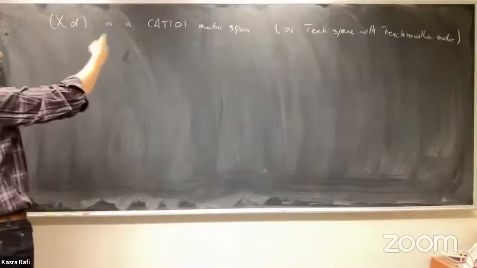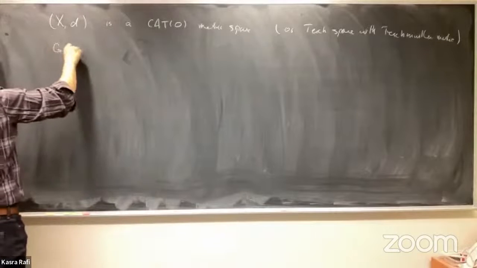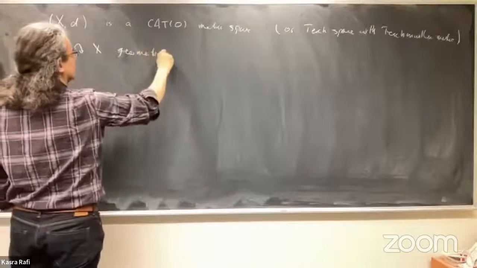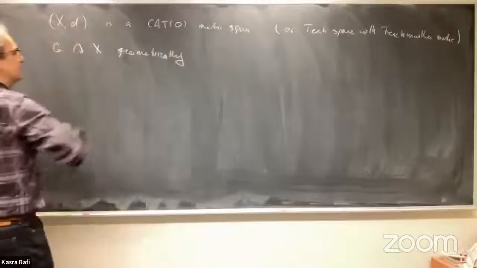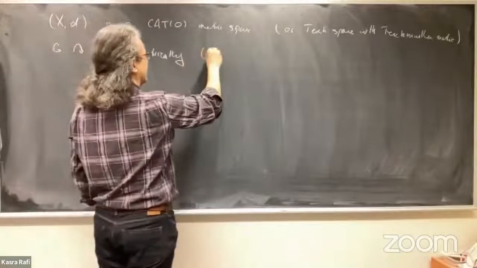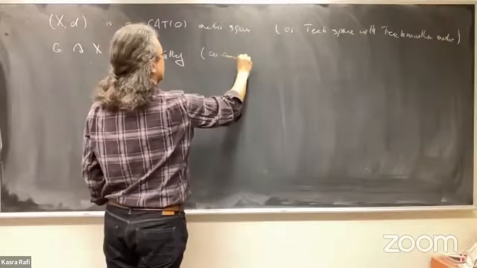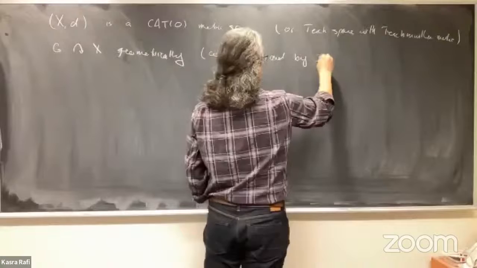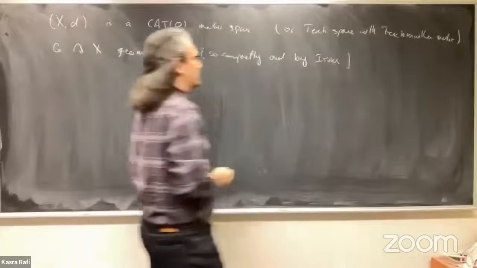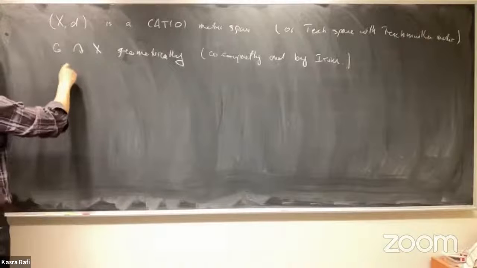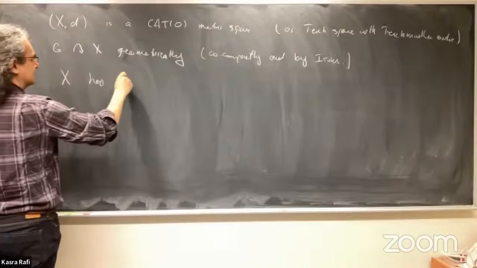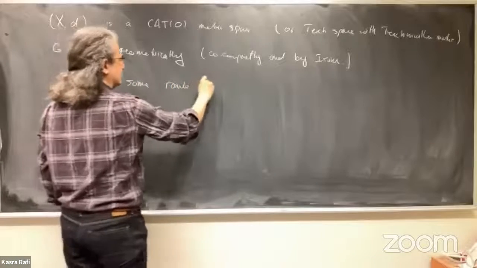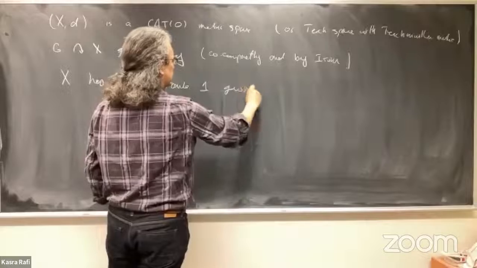But also in the group action. Let's say G acts on X geometrically. Geometrically means it acts cocompactly and by isometries. And then X should have at least one rank 1 geodesic.